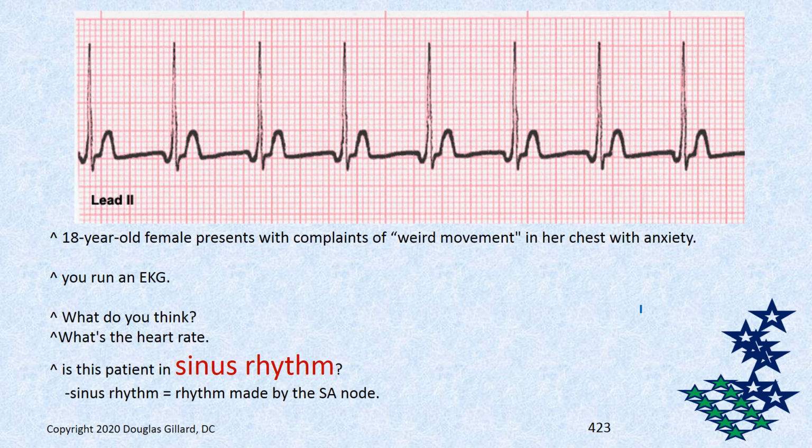Well, first thing we've got to do is look at that RR interval. Just by eyeballing it, it looks pretty steady. But then we need to look at the speed of the heart by using those same R waves. Let's see if we can find one on a main line here. Well, they're all about the same. Let's use this one. It's 2 in front of this big line here, so this would be 300.